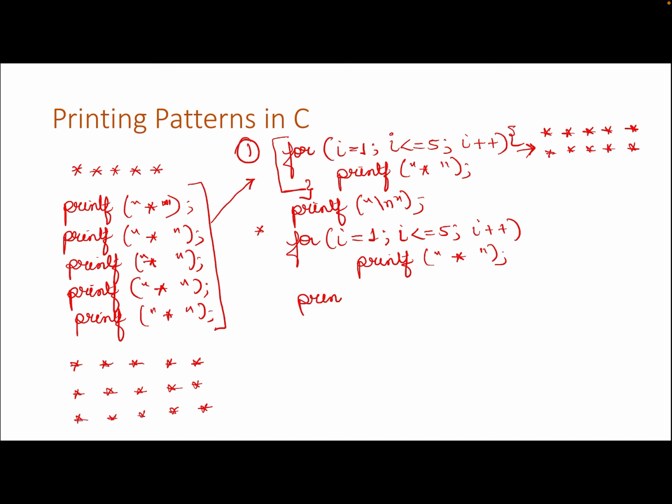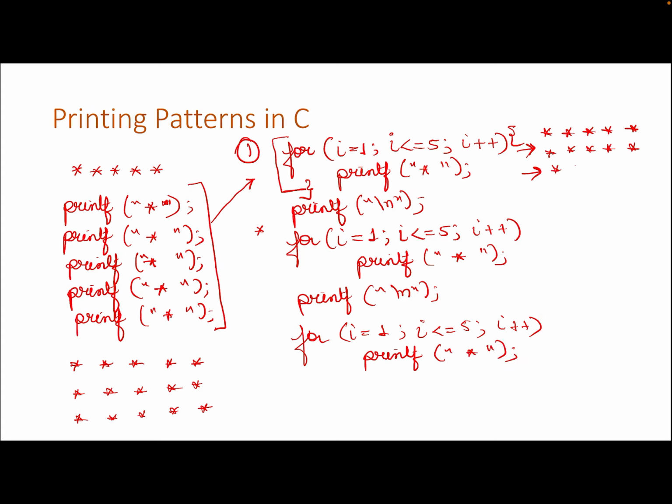Again I will print a new line character so that control comes here. Again I will use these 2 statements to print the asterisk pattern 5 times. Again it will print this pattern here, and I can print a new line character so that my control moves and the next statement gets printed on another line.